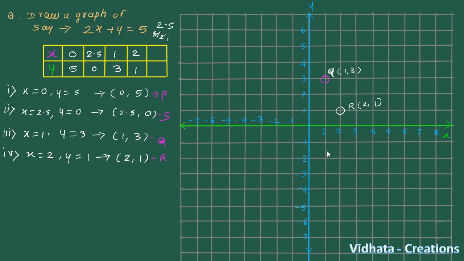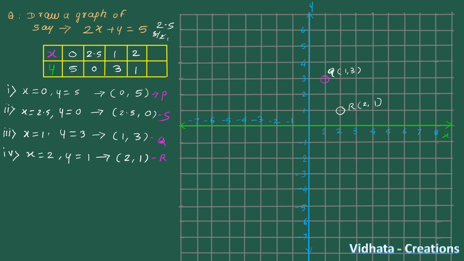If you take a third point, like (0, 5) or (2.5, 0), nothing will change. But here we have taken such 2 points to draw the line that their coordinates are simple and in round figures.